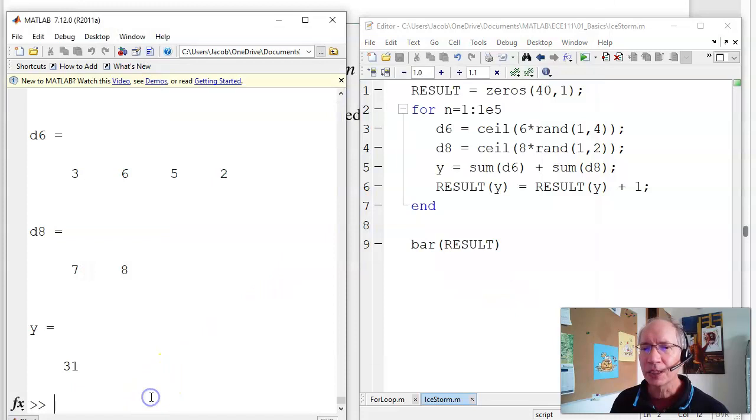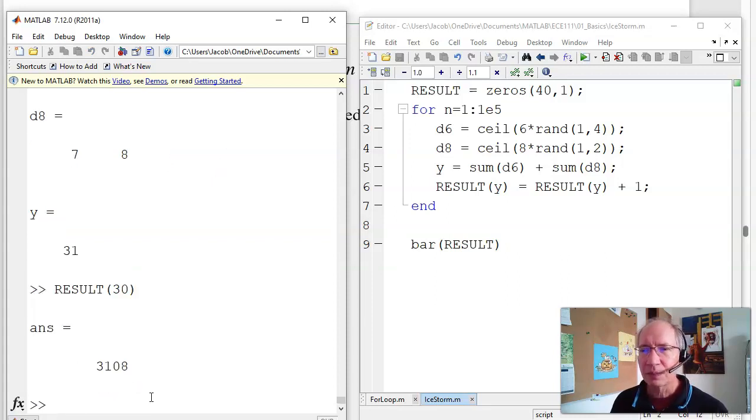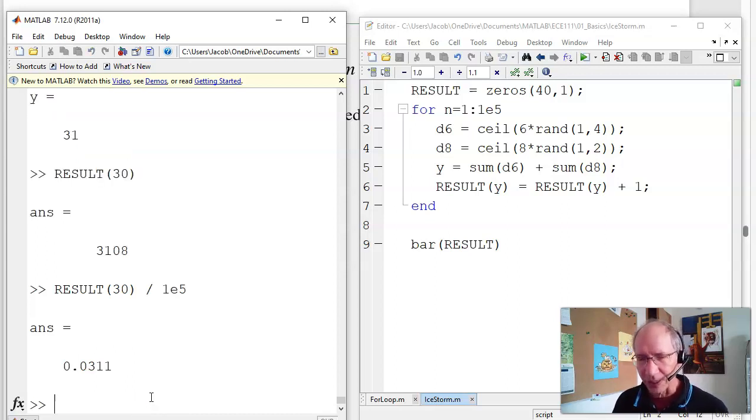What I can do with that then is say in the command window, what is result of 30? So I did 30 damage 3108 times. I rolled the dice 100,000 times. So that's roughly the probability of doing 30 damage with an Ice Storm spell. If I want to do 30 or more damage, let's sum them up.